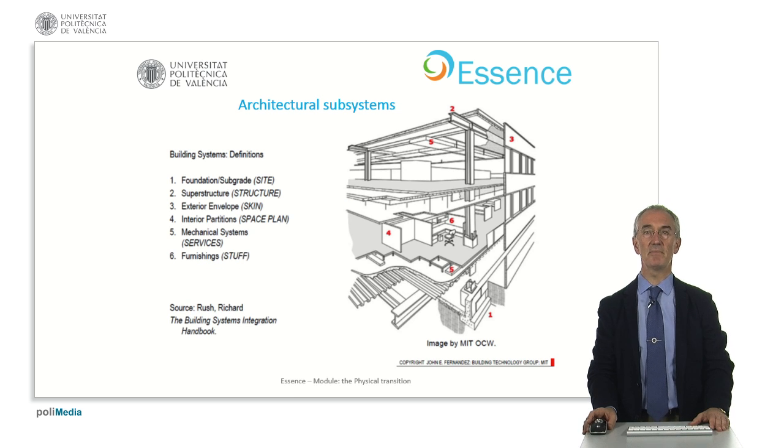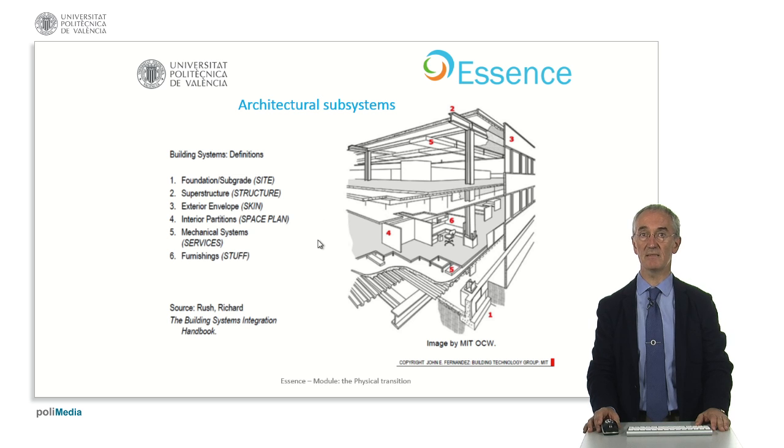First, remember the architectural subsystems are, from the foundation to structure, envelope, partitions or walls, facilities or functional approach, and providing elements to the functional work, and the different furnishings that we include in the building.